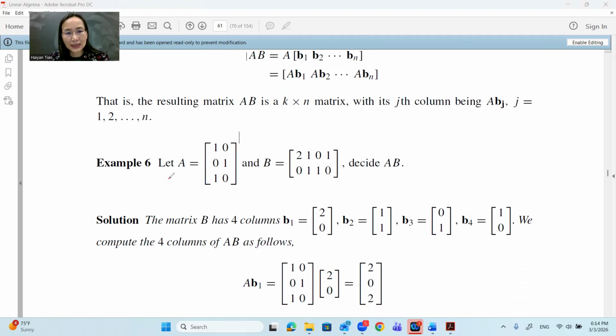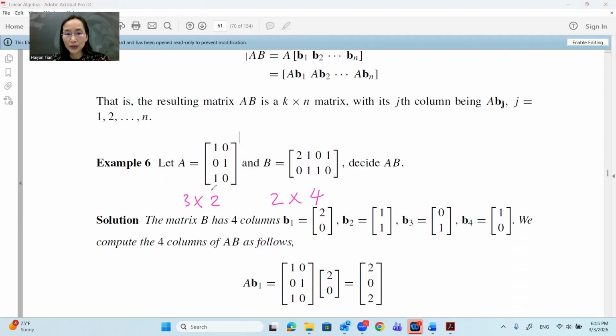In this example, A and B, decide the product. Now, is it legal to multiply? Let's see. A times B. A is what? 3 rows, 2 columns. B is 2 rows, 4 columns. And are we able to multiply A by B?